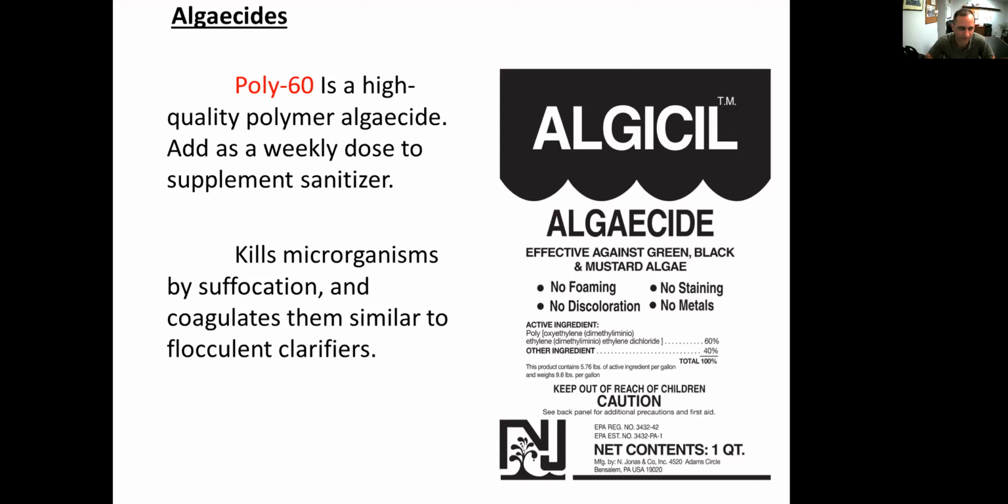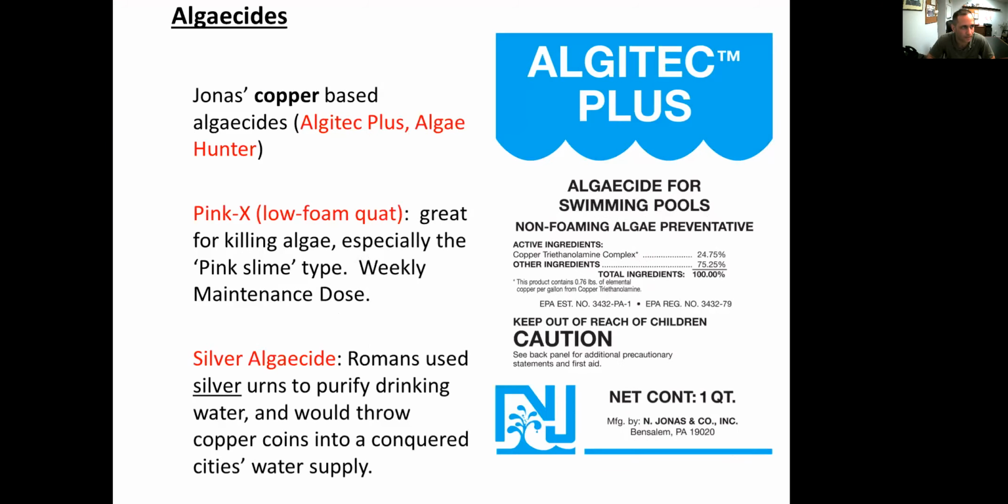Just a small amount is effective. Added once a week, and it helps kill things and helps flocculate things, similar to a clarifier does. So that's one choice for algicide.